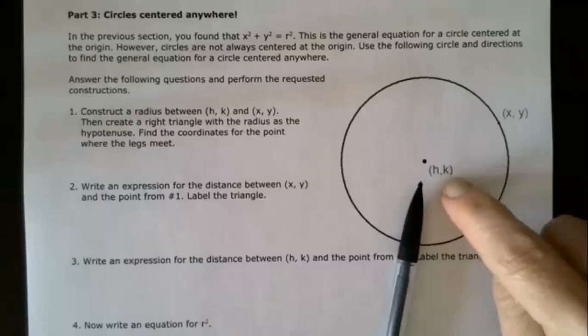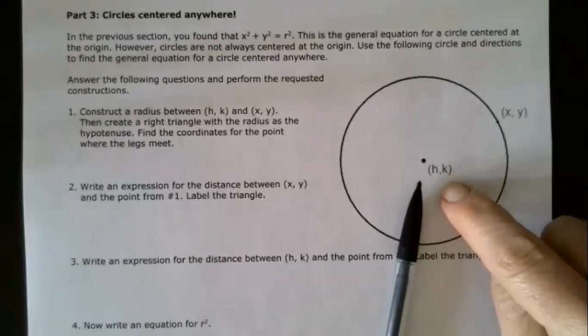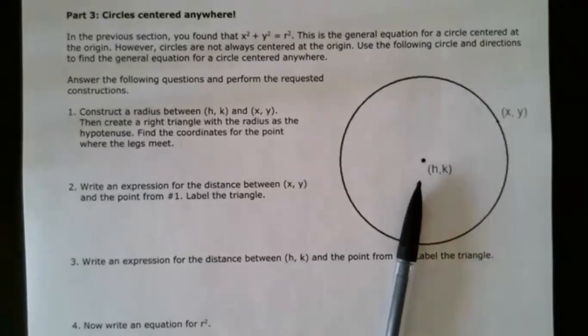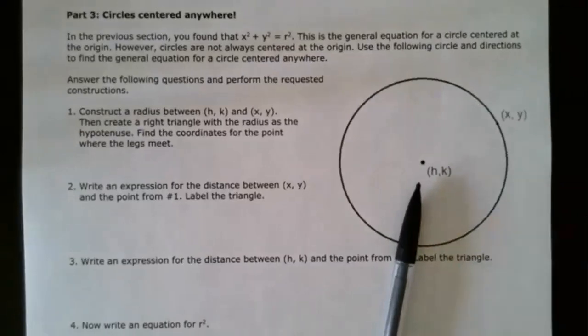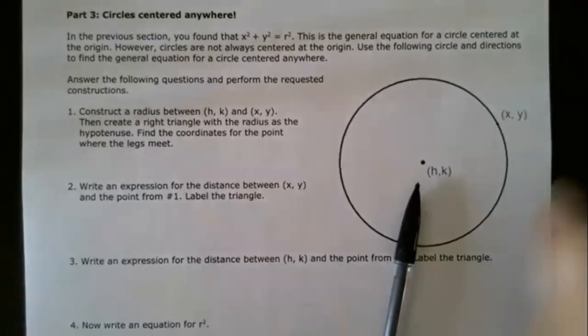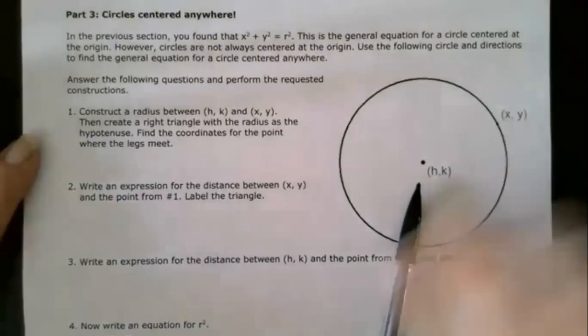If you remember from quadratics, that was where we had the vertex of the quadratic. So H and K are kind of important in dealing with equations. But H, K is going to be listed as my circle. And then X, Y is some point that is on the circle.